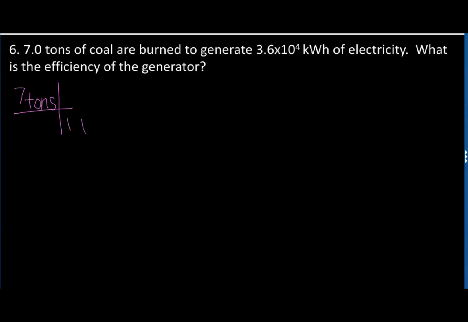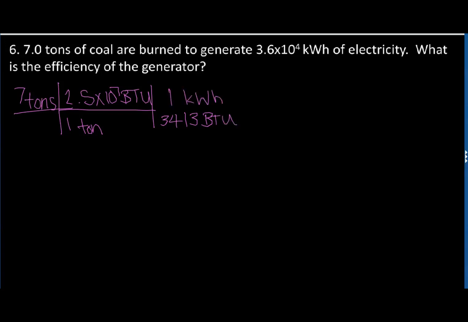So we have 1 ton is 2.5 times 10 to the 7 BTUs, and then 3413 BTUs is 1 kilowatt hour. Okay, so it's going to give us 5.1 times 10 to the 4 kilowatt hours.